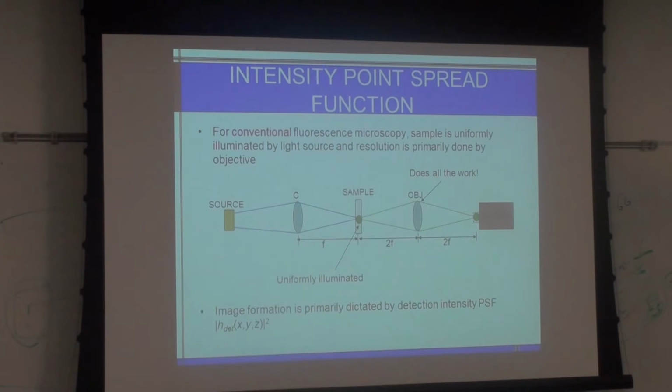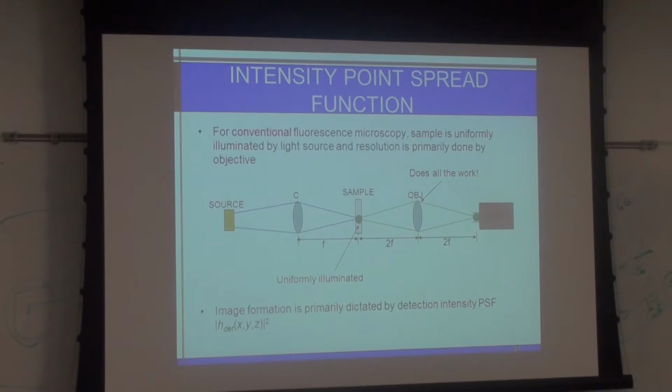So quickly, I throw this up as contrast. For conventional microscopy, you have some source, you have some condenser, and that condenser tries to make the source uniform through the sample, okay? So you get uniform illumination. And then you have an optical imaging system, a so-called 4F system, where you relay the information onto a camera, right?